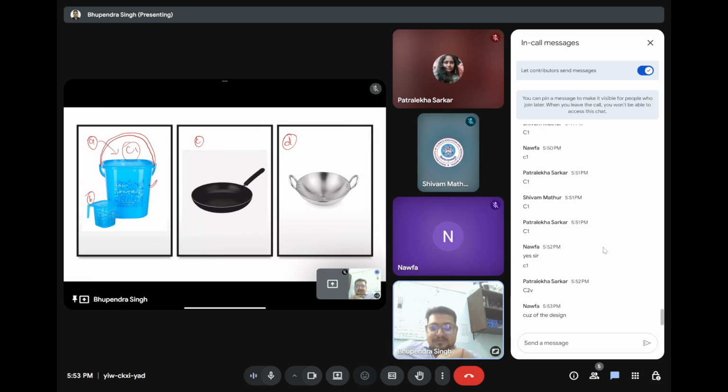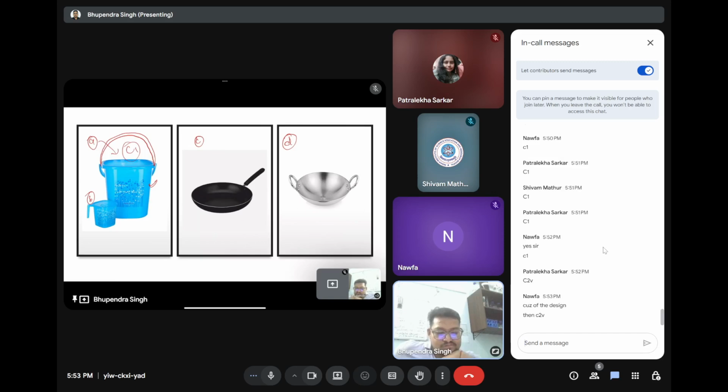Consider the design is similar on both sides. Then C2V. Yes, C2V is there. Then the point group should be C2V.